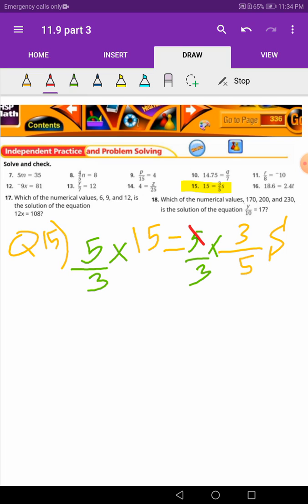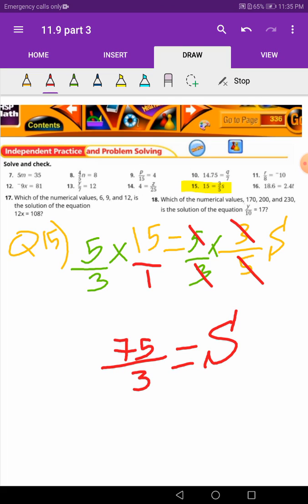Now, cancel the 5 with the 5, the 3 with the 3. What do I have left? I have only s. While the second side, you put it over 1. 15 times 5, which is 75, over 3. 75 divided by 3. What's 7 divided by 3?